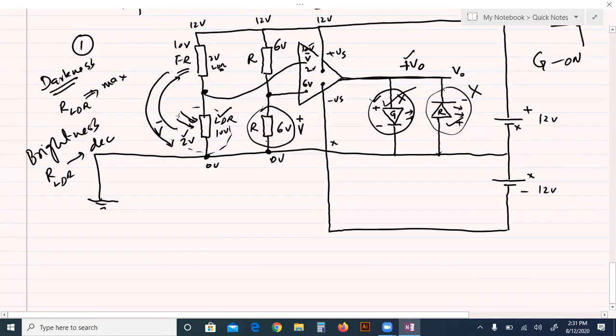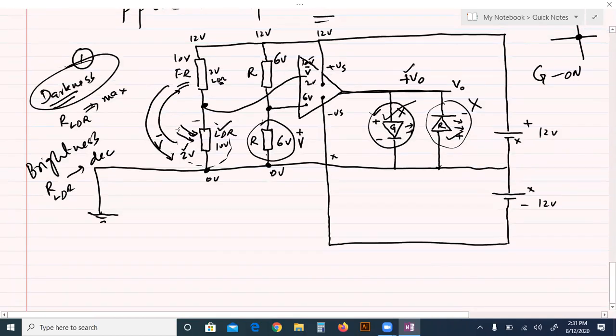So initially for the darkness, red goes on. Now for this change, for the darkness, green goes on. Initially for the brightness, green goes on, but for this change, for the brightness, red goes on. So this is the difference.